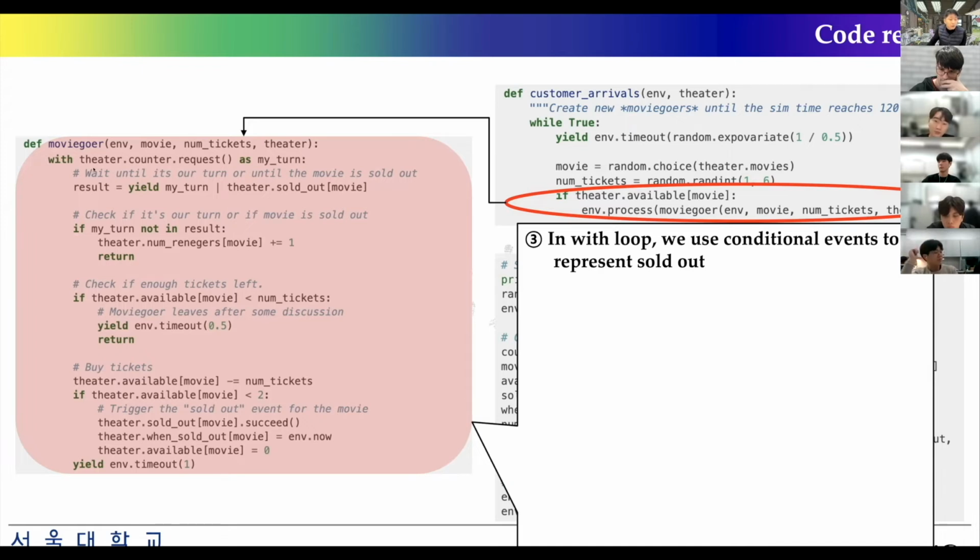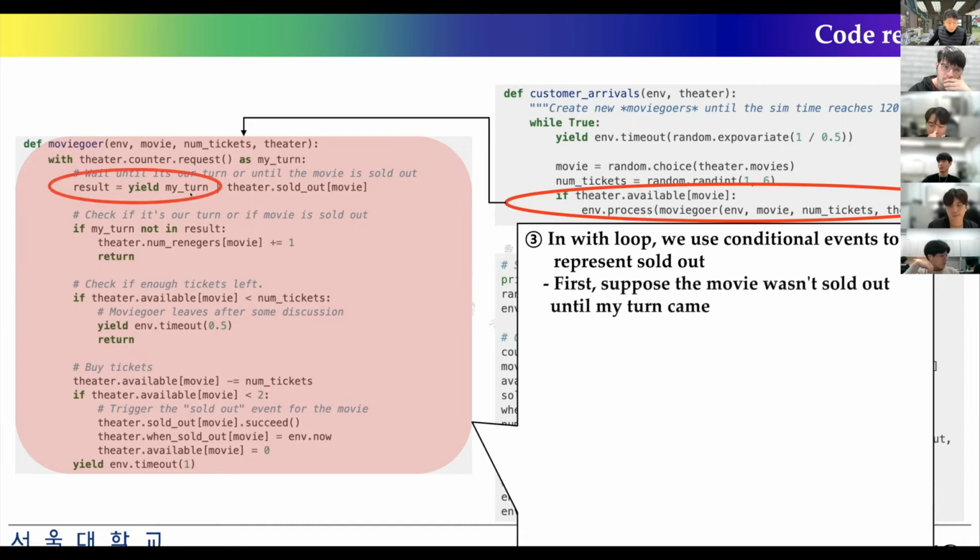By use of the with and request, in this part, the moviegoer will wait until the ticket counter is available. So in here, by yielding the generator with 2 conditions.